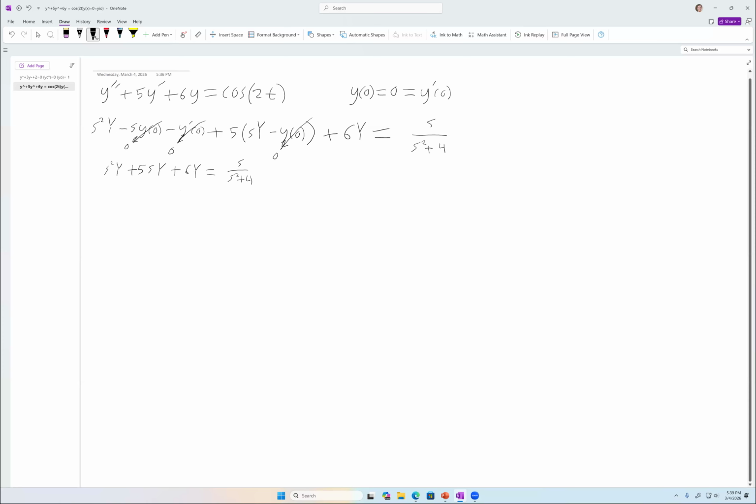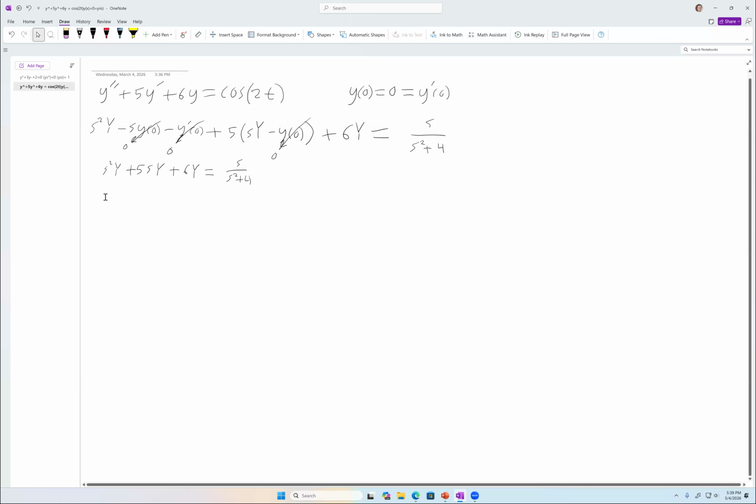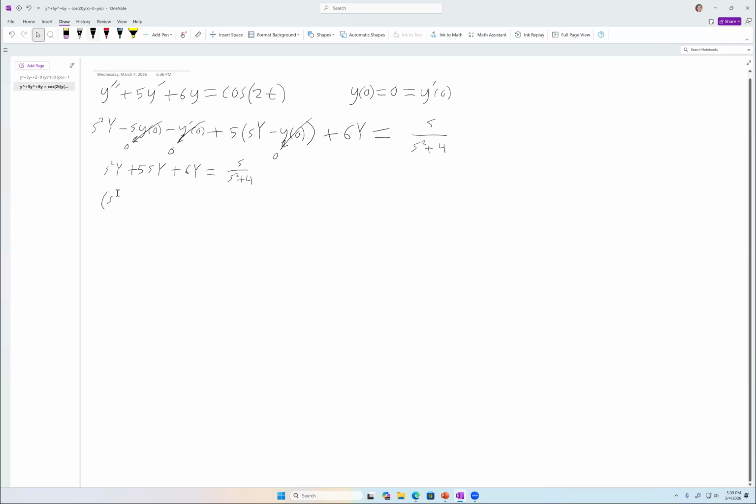All right, so now let's factor out our capital Y. So we're going to have s squared plus 5s plus 6 times capital Y equal to s over s squared plus 4. Okay, now comes the crucial step where we're going to get capital Y by itself. So we're going to divide out this behemoth of a polynomial over here.